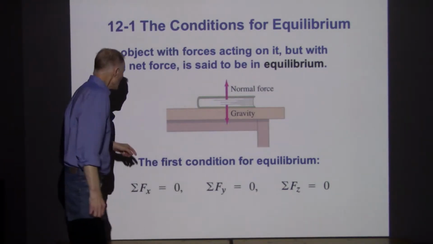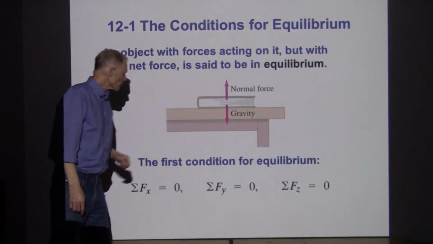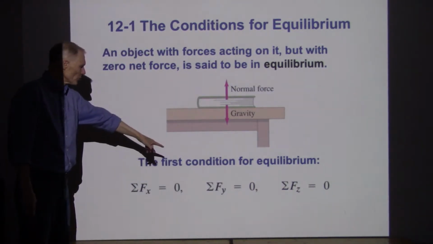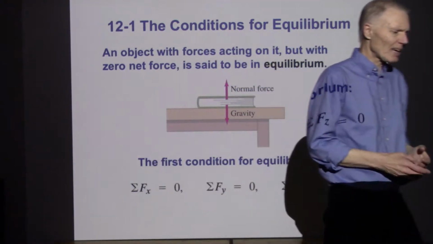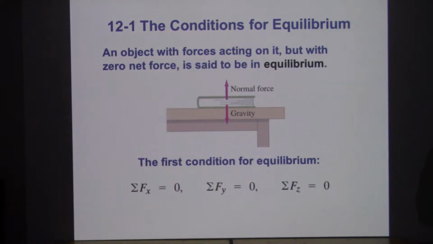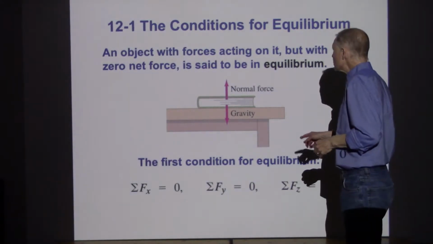or the center of gravity. So it says that the first condition for static equilibrium is that the forces all equal zero. All the forces have to cancel out, and they have to cancel out in the x direction, the y direction, the z direction. All three directions of the force have to cancel out exactly to zero.